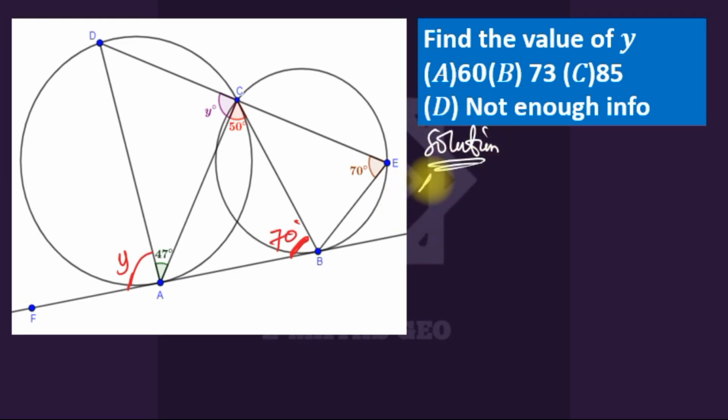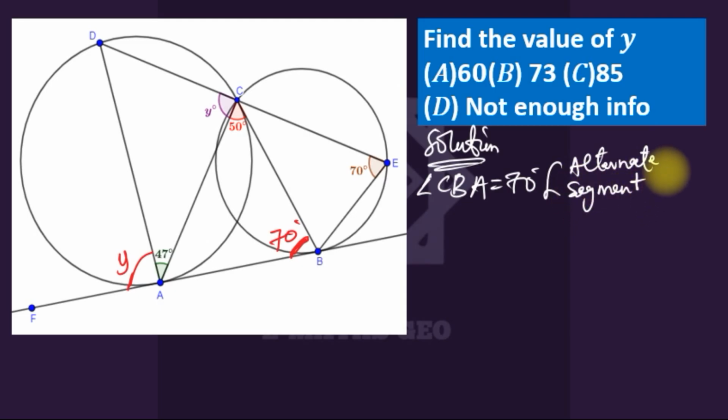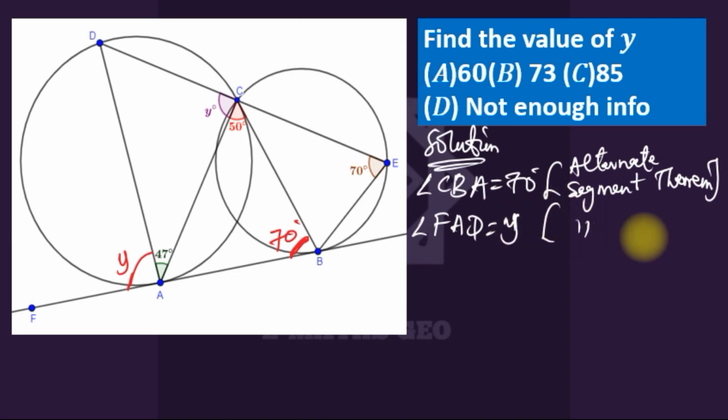So I'm saying that angle CBA is 70, by alternate segment theorem, so angle FAD is y, the same alternate segment theorem.